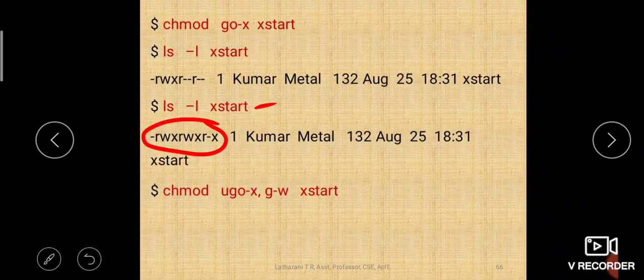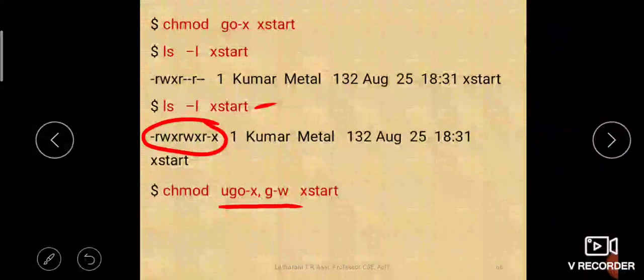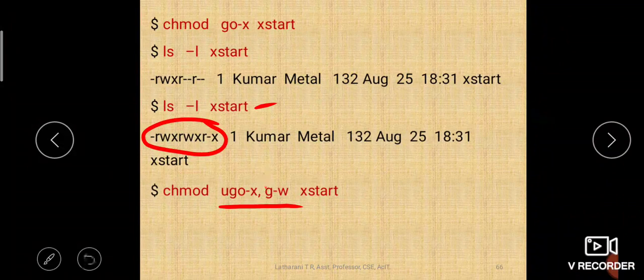Now let us say chmod with multiple expressions. Here in this case we are changing multiple permissions for multiple categories of users, by separating them with a comma, isn't it? By separating with a comma, you can change multiple permissions for multiple categories of users, and there can be one addition and one removal also.